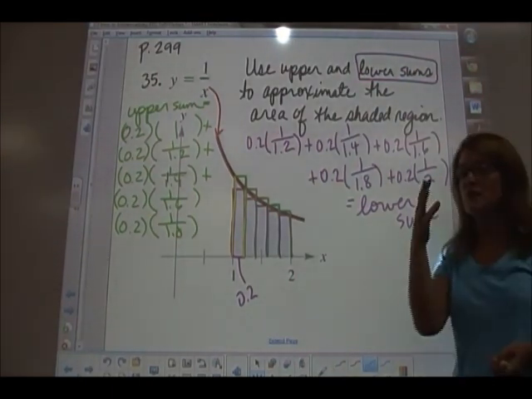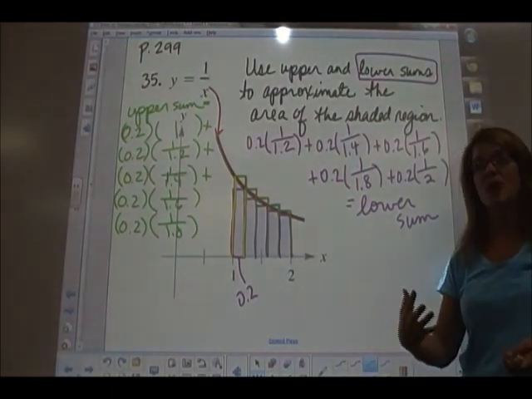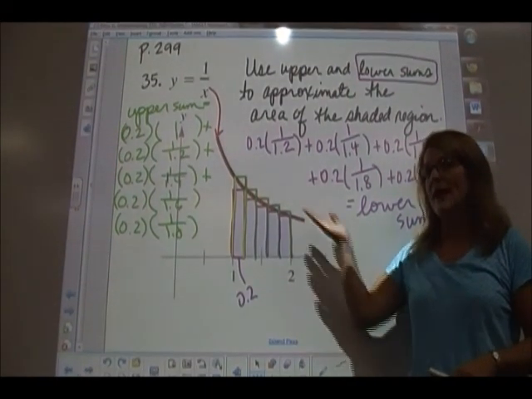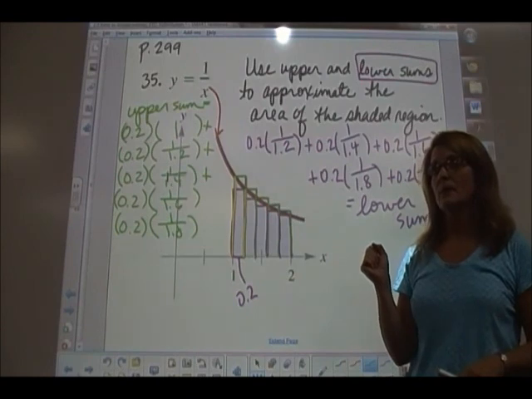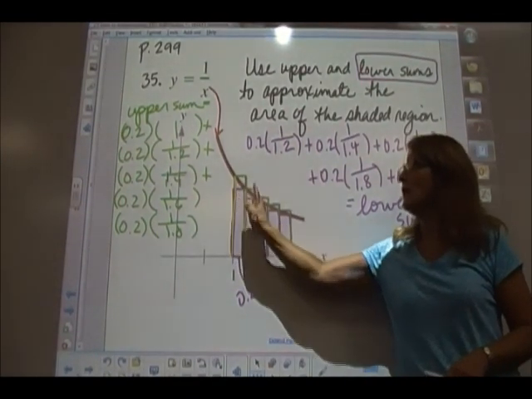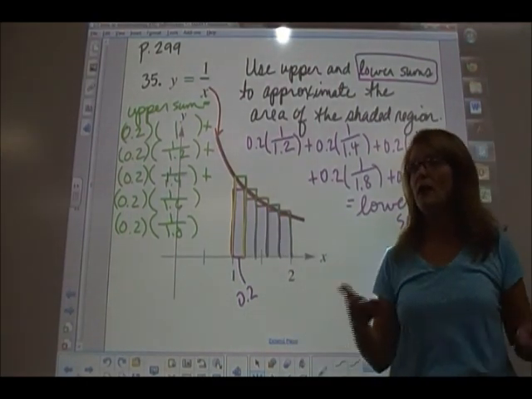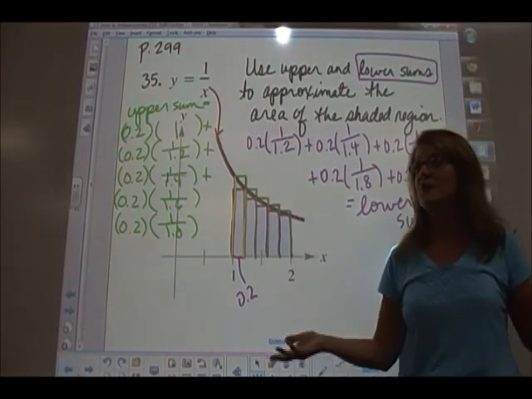But finish your sentence. If you subtract the lower sum from the upper sum, you're literally only going to get what as the area, as what area in this region? The short upper part. Yeah, you would only get these little ones right here. Absolutely. So you got to pick one or the other, or do both and average them together, right?